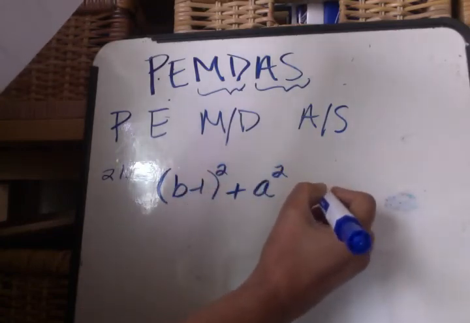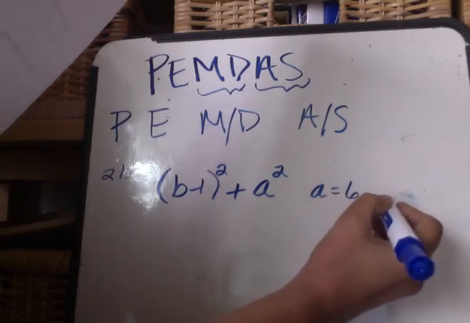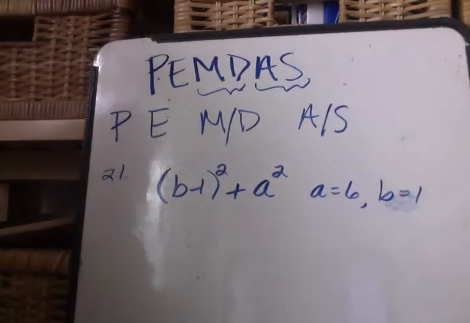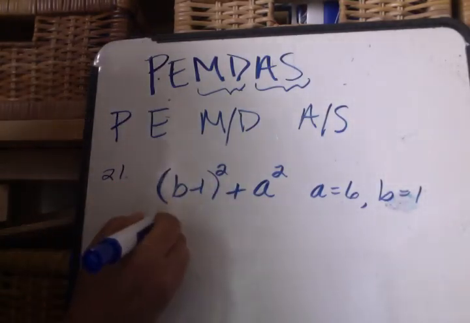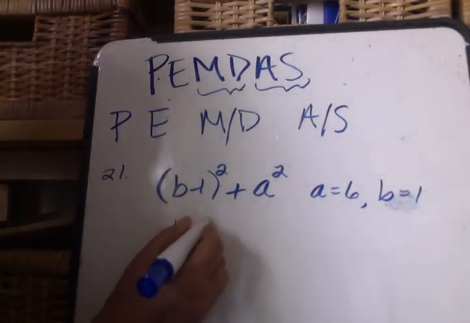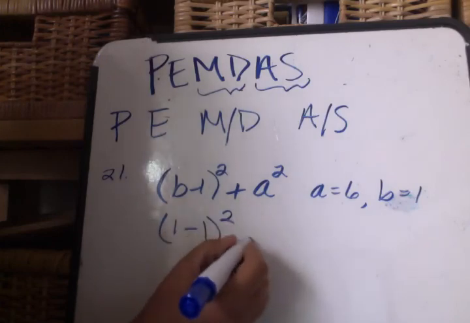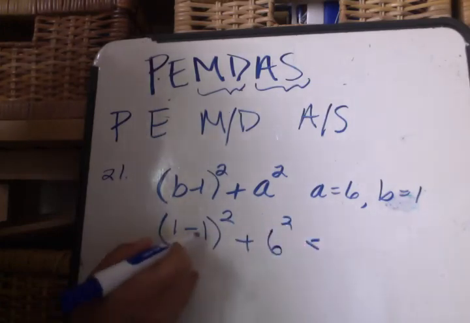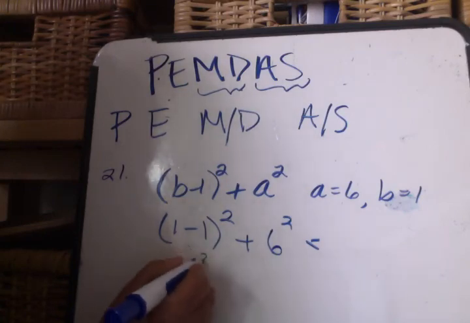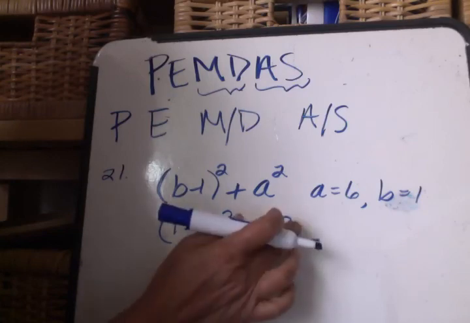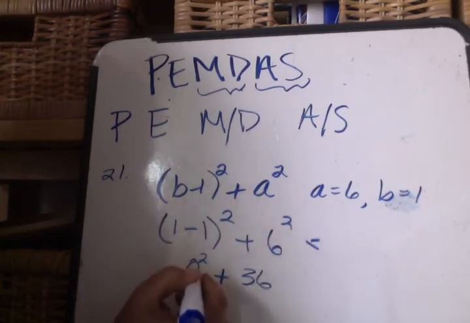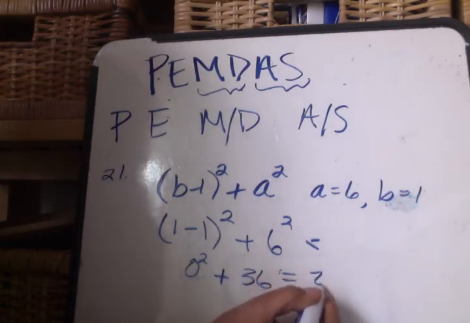And a equals 6 and b equals 1. So I substituted in here 1 minus 1 squared plus 6 squared. Okay, so 1 minus 1 is 0. 0 squared is still 0. Plus 6 squared is going to be 6 times 6. So that's 36. So 0 plus 36 is 36.